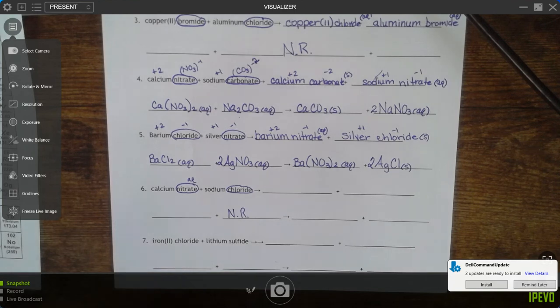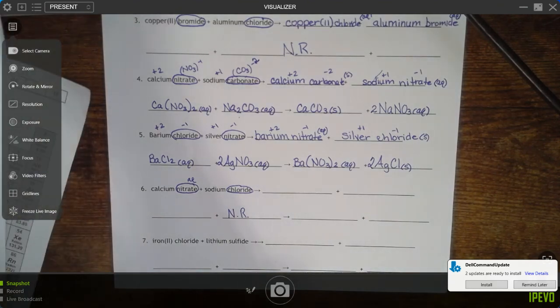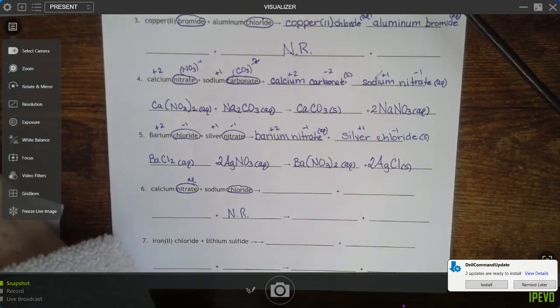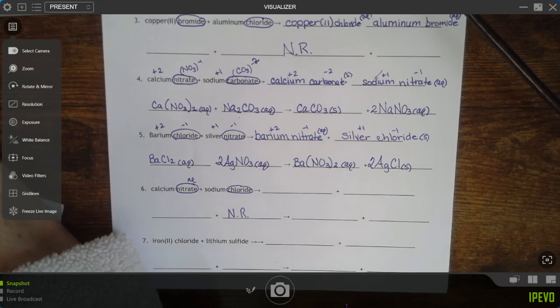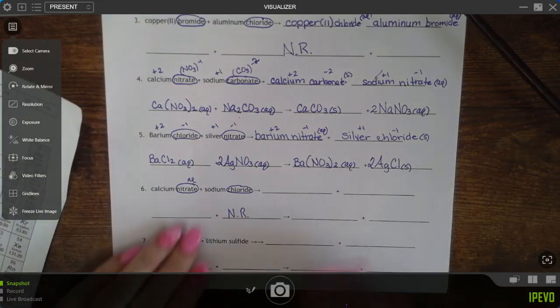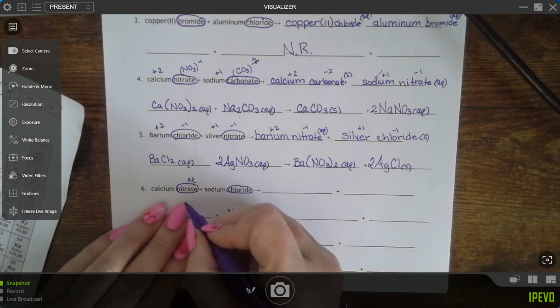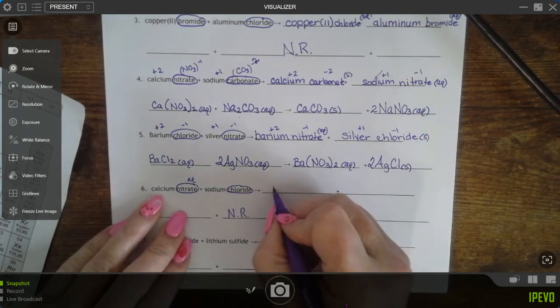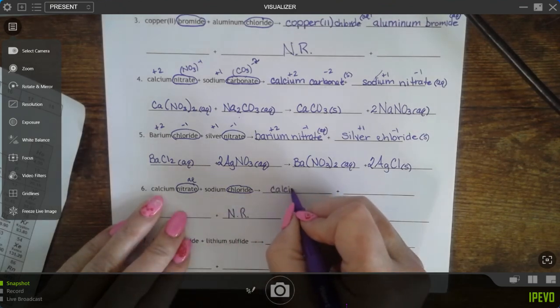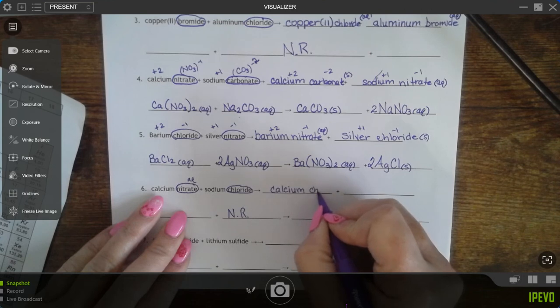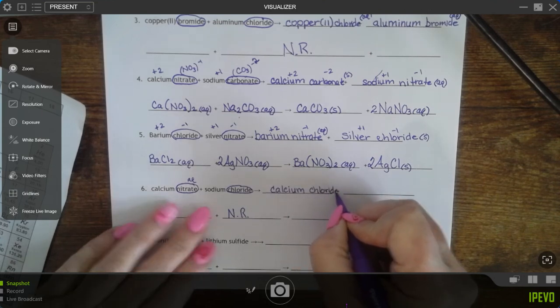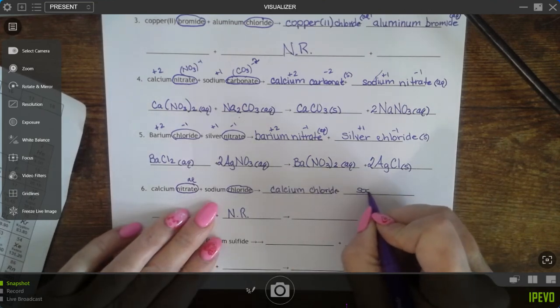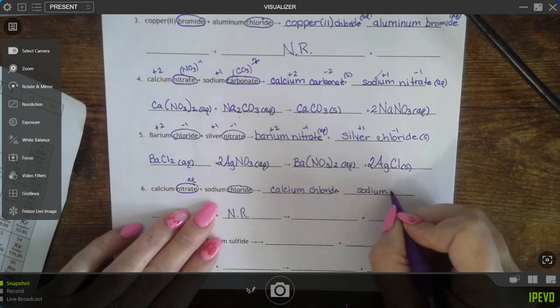You don't have to write it out. But just for those of us who are still kind of getting the hang of this, I want to take a minute and write it out in words so that you can see. I don't want to jump ahead. So we would end up with calcium chloride plus sodium nitrate.